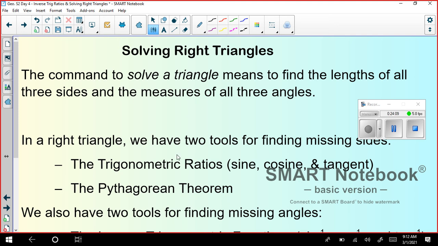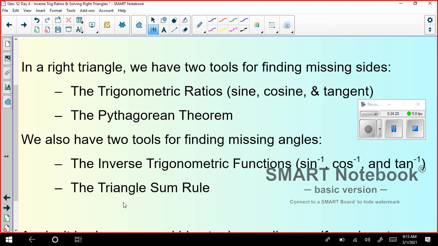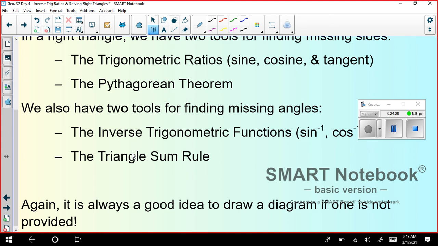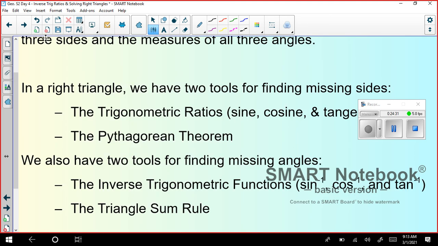In a right triangle, we have two tools to find the missing sides, that is trigonometric ratios and the Pythagorean theorem. And we have two tools to find the missing angles, that is the triangle sum rule and the inverse trigonometric functions. We are going to use these tools to find all the missing sides and angles in a right triangle. We will see a few problems based on them in the next slide.